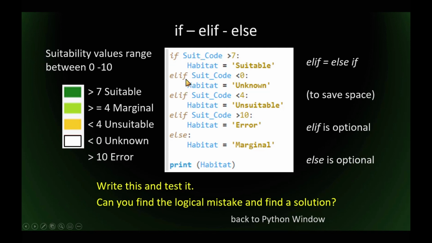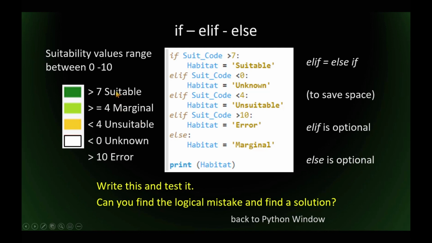It's the elif command. So elif stands for else if. That is embedded inside the if command. It is shorter simply to save space, and it is optional. For our case it works, but you don't have to have an elif or an else command to carry out an if command. You can just have a one-liner, as you saw in the last page.